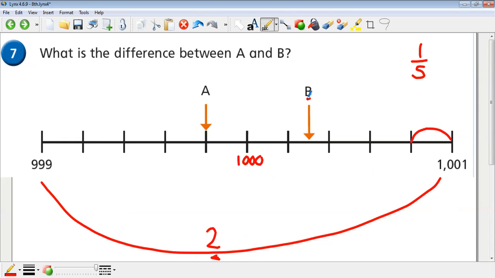So if we half a fifth, we get a tenth. So what we've got is if we go from A to B, we can go 1, 2, 3, 4, 5 tenths, which, if you want to go simplest form, is the same as a half.